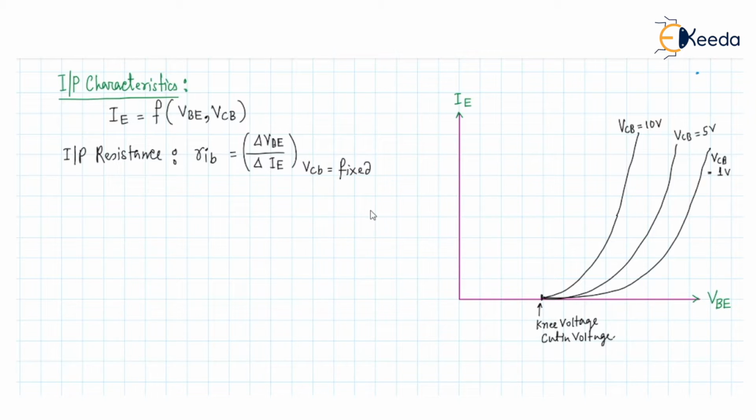This RIB is generally called the AC input resistance, and the AC input resistance is different in the lower and the upper portion of the curve. You can see here at this point the AC resistance is different, and the input resistance is different in this different portion of the curve.